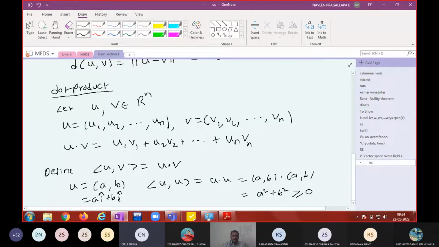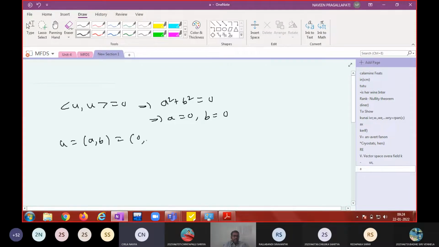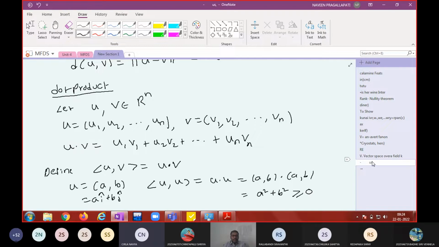This can never be negative. And when u dot u equals 0, that means a square plus b square must be 0. That is possible only when a equals 0 and b equals 0. And u is nothing but a comma b. When a equals 0, b equals 0, that means 0 comma 0, the zero vector. Okay, so therefore we can see this dot product is a special case of inner product.